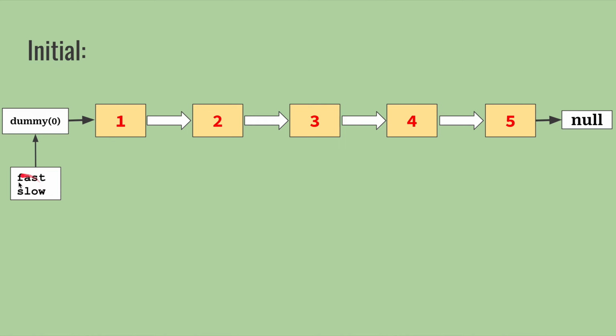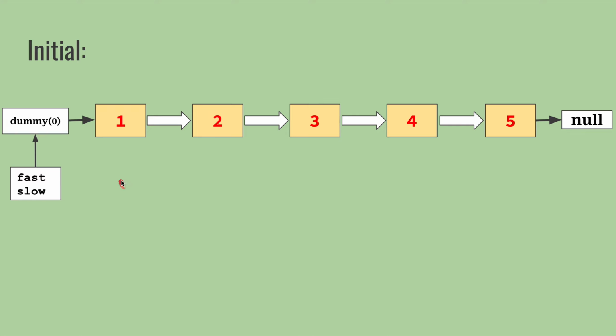Now two pointers we have initialized, fast and slow, at the dummy. Now we have to move the fast pointer n plus 1 steps ahead, and this will create a gap of n between fast and slow. Let's suppose fast will be here, slow will be here.